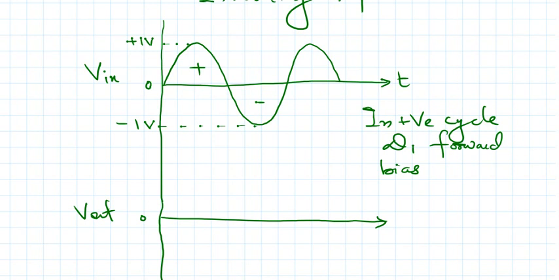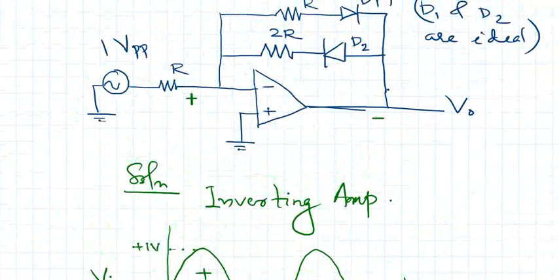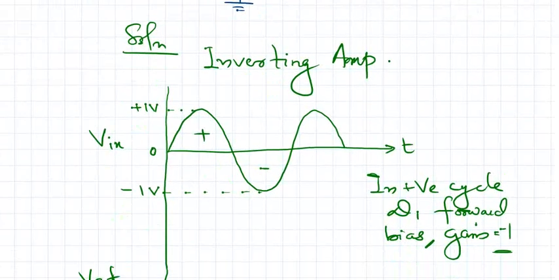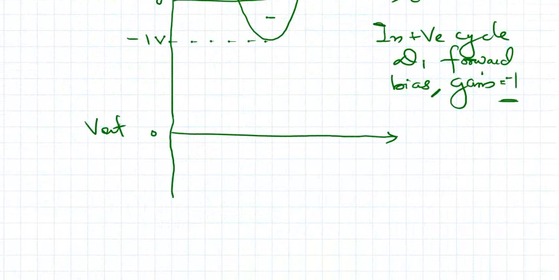Then the gain is minus 1, because minus R by R, the gain will be minus 1. So in a positive cycle I will get a negative cycle with voltage minus 1. Okay, hope this is clear to you.